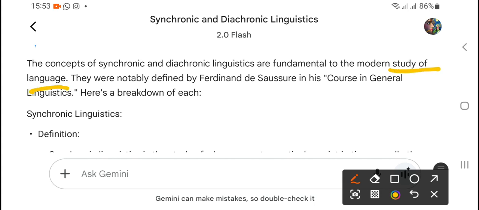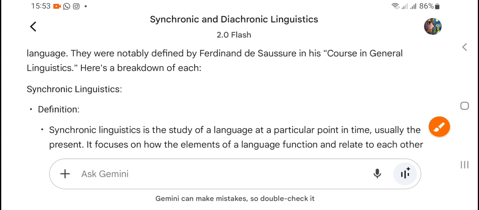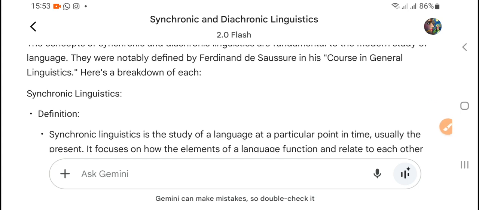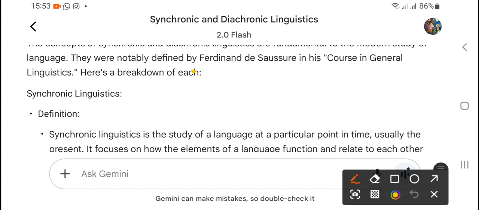First of all, it should be very clear to you what the two terms synchronic and diachronic are. These are approaches to the study of language, so please keep that in mind. They were notably defined by Ferdinand de Saussure. Please note down this name: the concept is propounded by Ferdinand de Saussure in his book Course in General Linguistics.